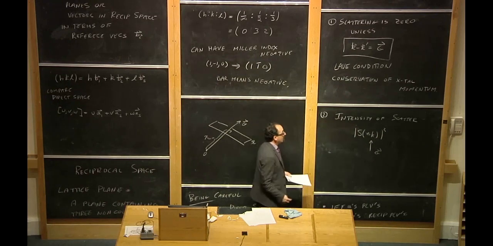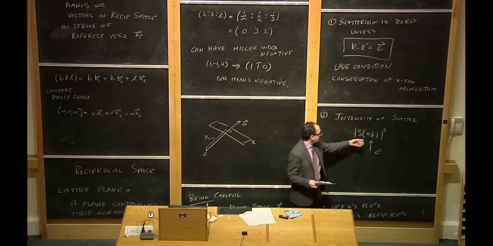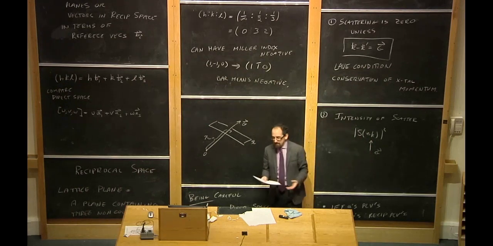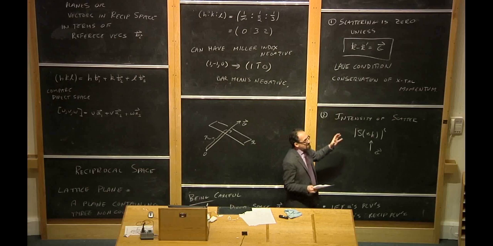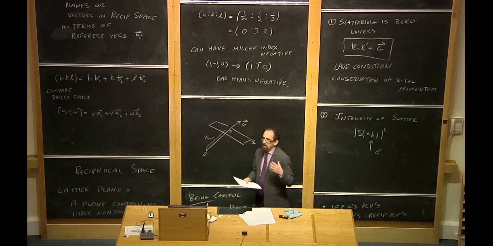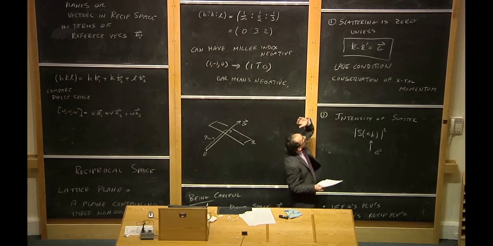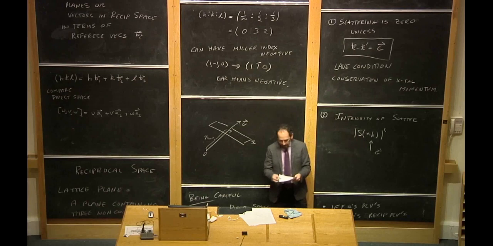If you measure the intensity of the various scatterings, you can figure out the structure factor. What you're measuring is the structure factor at given reciprocal lattice vectors, which is the Fourier transform of the scattering potential. So in principle, by measuring what is scattered, you're actually measuring the scattering potential.